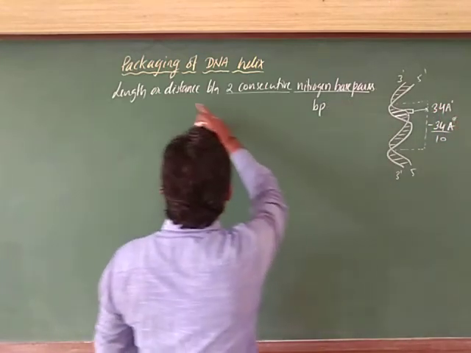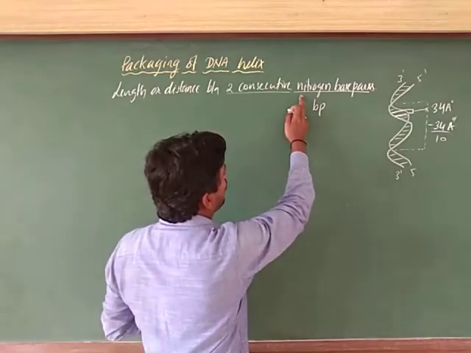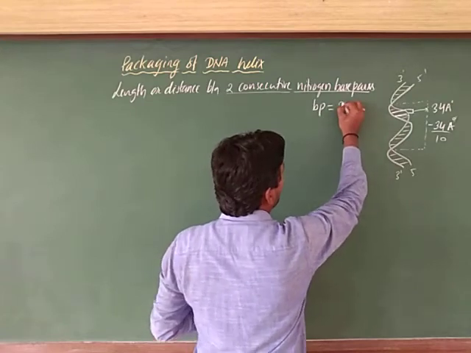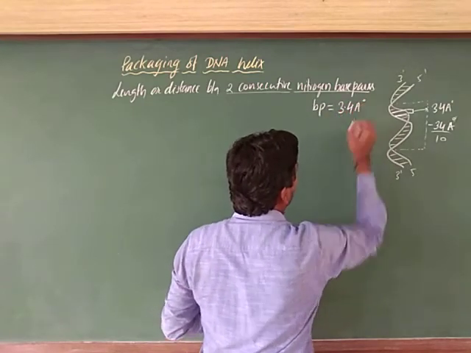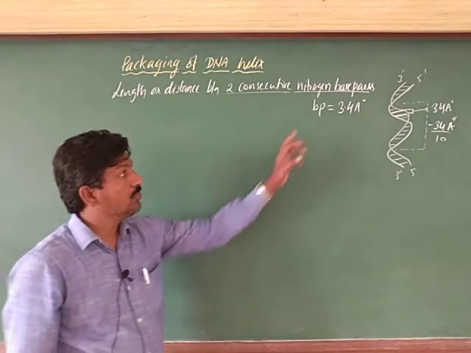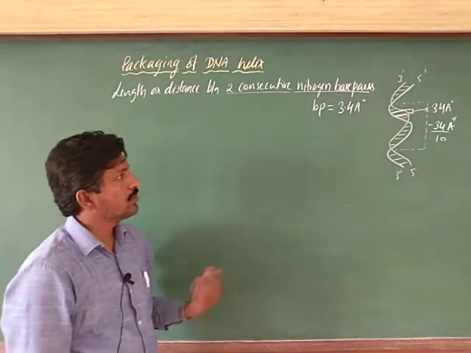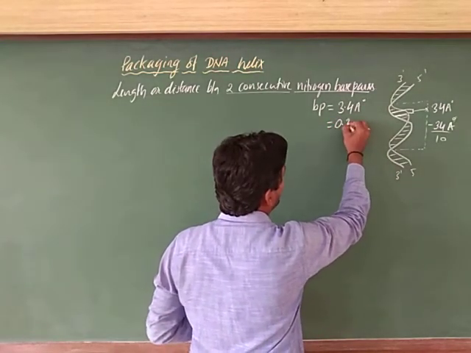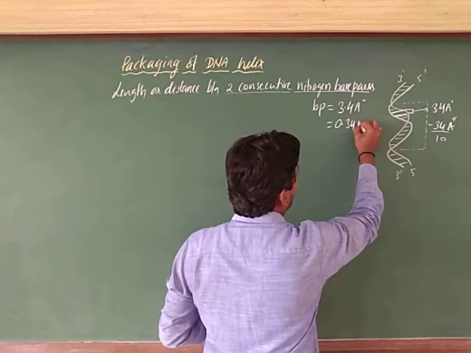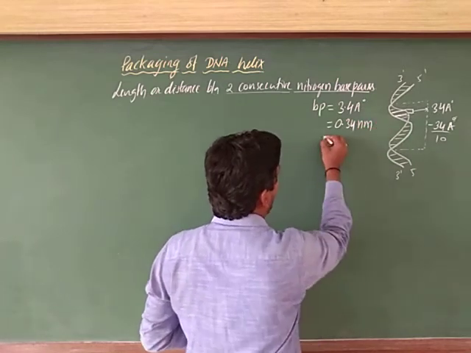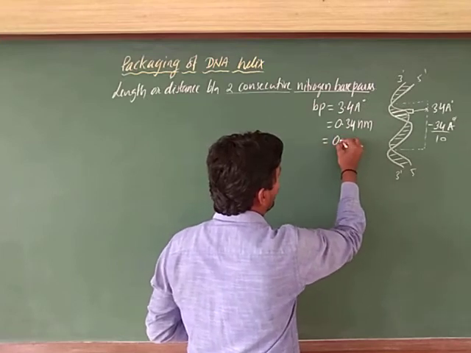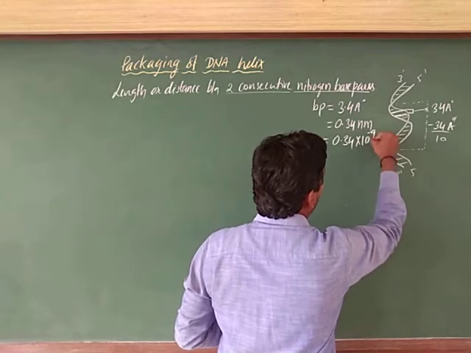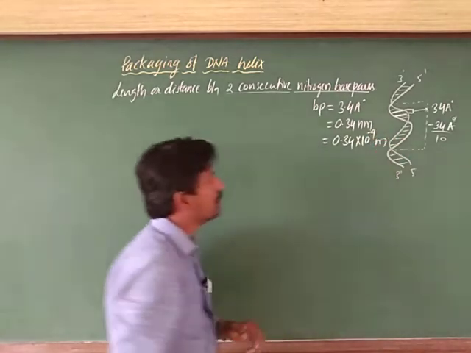So the distance between two nitrogen base pairs is 3.4 angstrom units. Usually the angstrom unit can be converted into nanometer, 0.34 nanometer, or in meters, 0.34 into 10 raised to minus 9 meter.